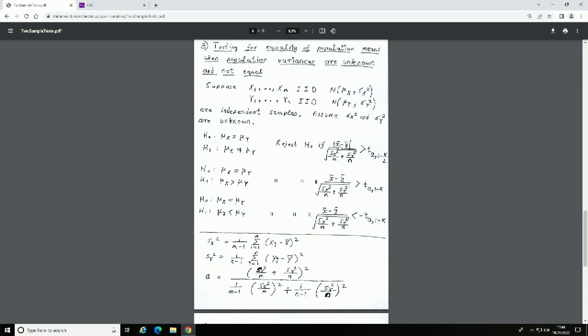So the rejection rule that we need to use is number 1, which is we reject H0 if the absolute value of x bar 1 minus x bar 2 divided by the standard error is greater than t_A at 1 minus alpha by 2, right?